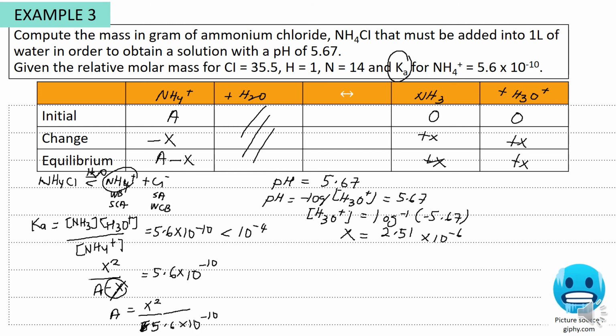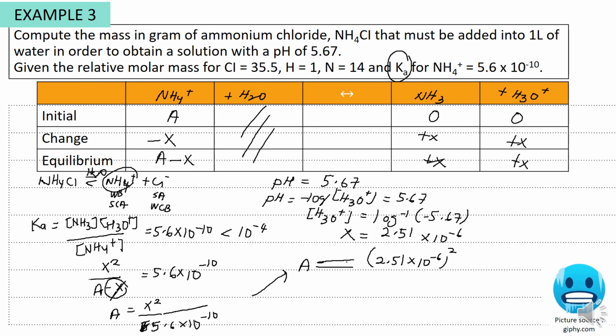So I continue here. X will be 2.51 times 10 to the power of negative 6, squared, divided by 5.6 times 10 to the power of negative 10.